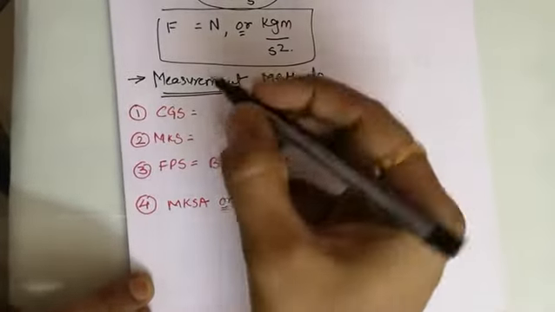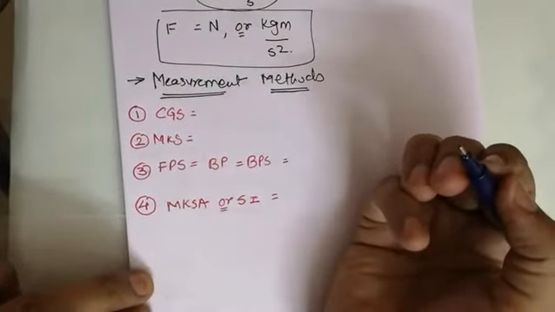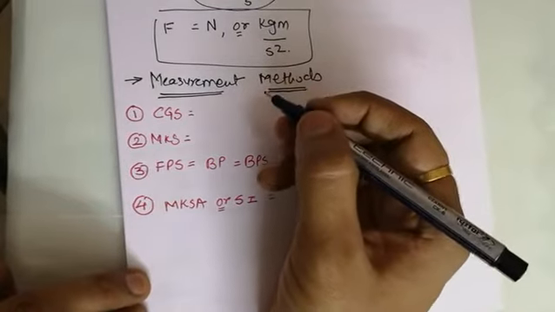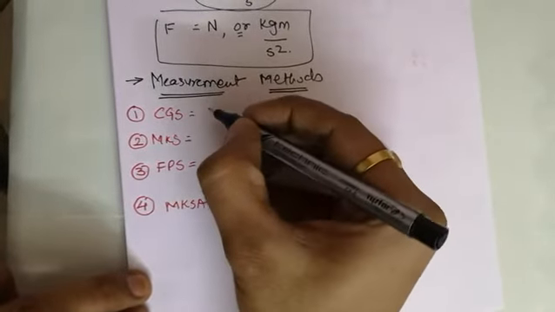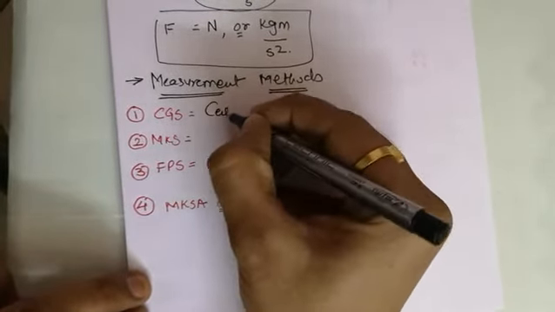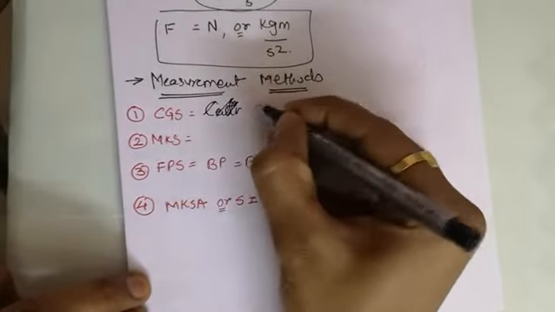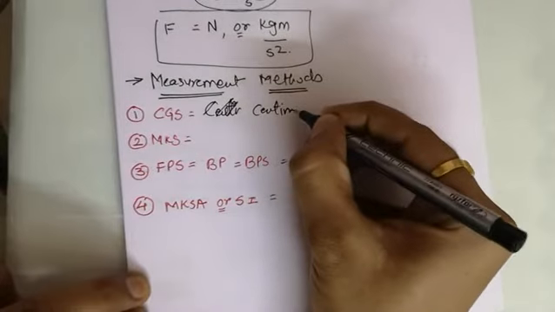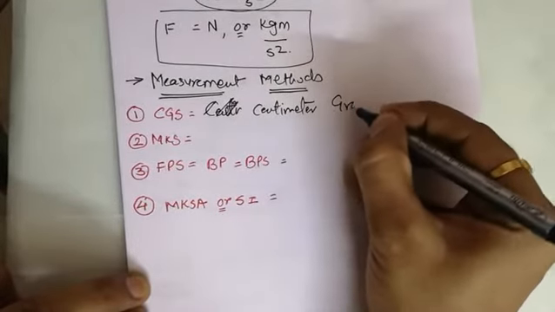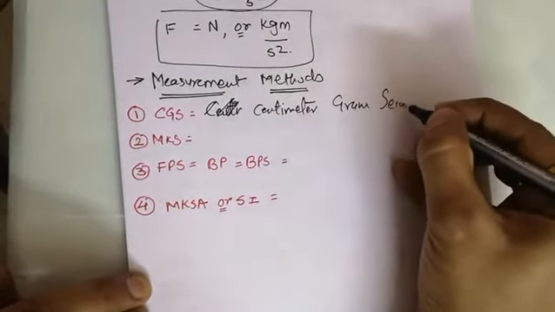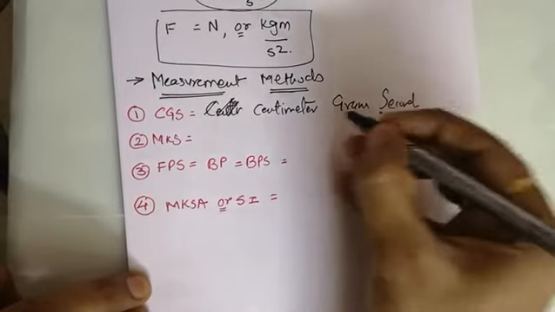What do CGS, MKS and FPS suggest to us? CGS, as its name suggests, is the centimeter, gram and second method.